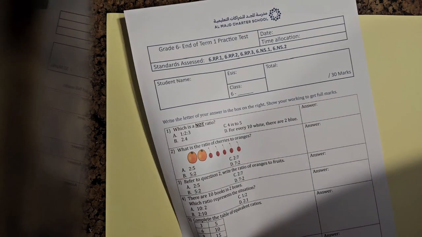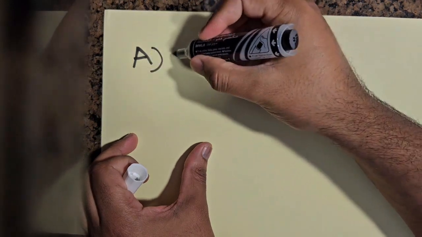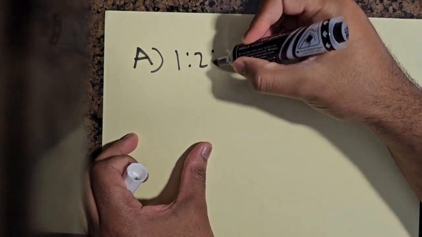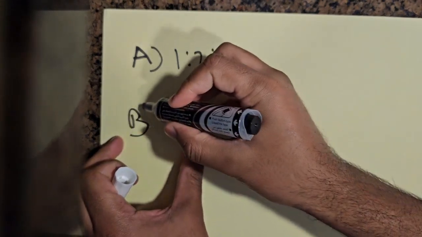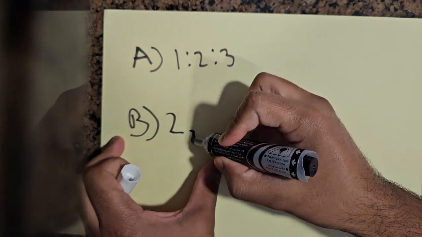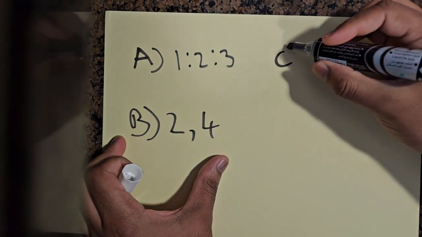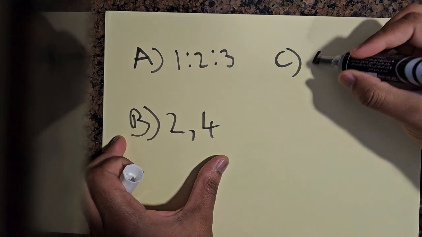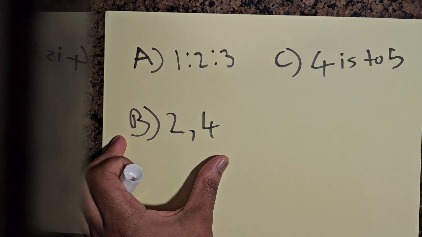All right, so if we take a look at this first question, the question says, which is not a ratio? So I'll make that bigger over here on this yellow sheet. They give us 4 options. A is 1:2:3. Then B, we've got 2,4. Then C, we've got 4:5.